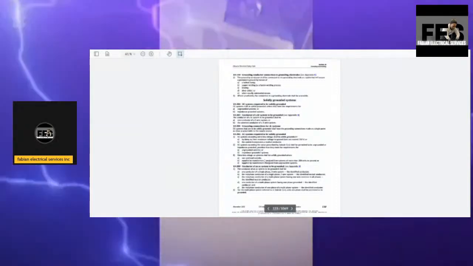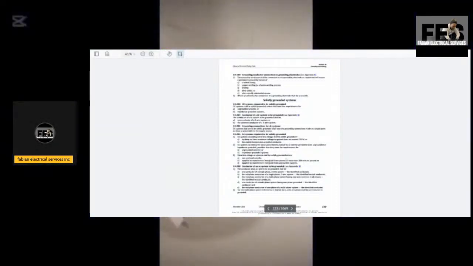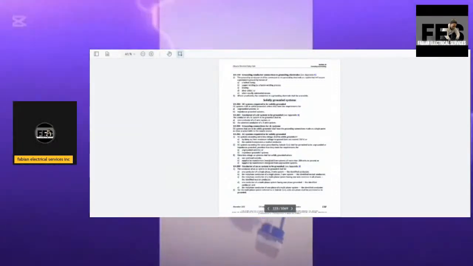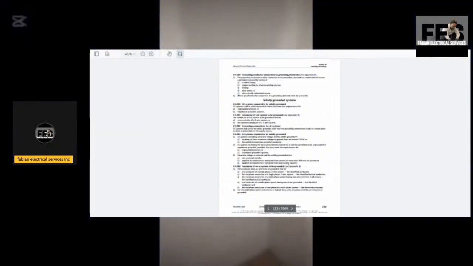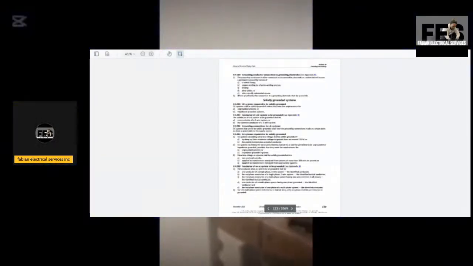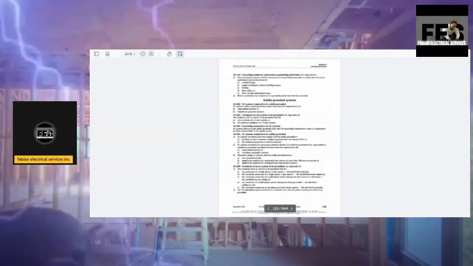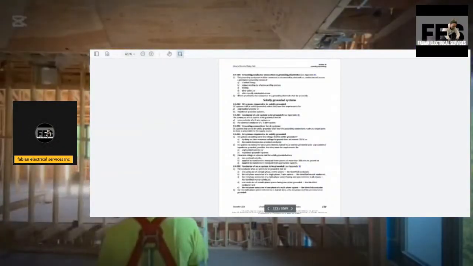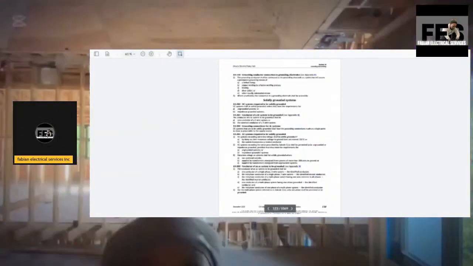Extra low voltage AC systems shall be solidly grounded where run overhead outside, supplied by transformers energized from systems of more than 150 volts to ground, or supplied by transformers energized from ungrounded systems.